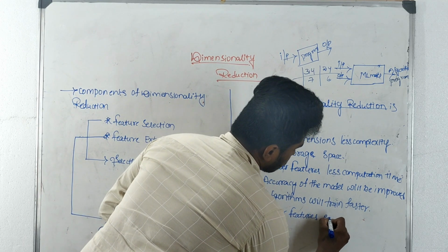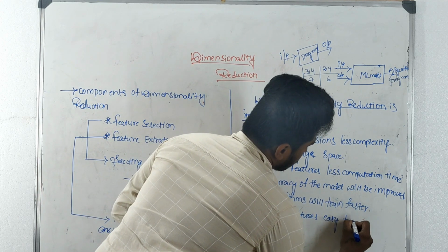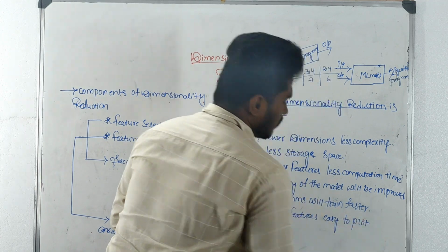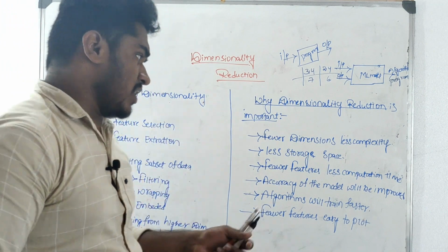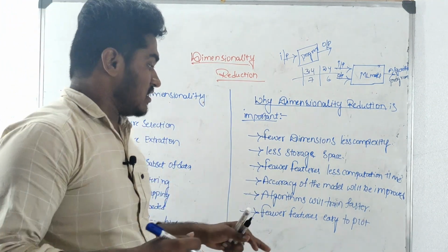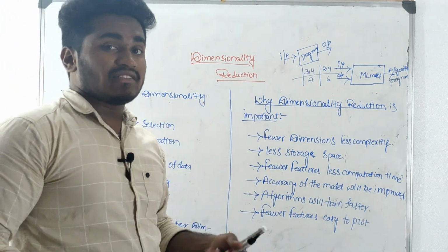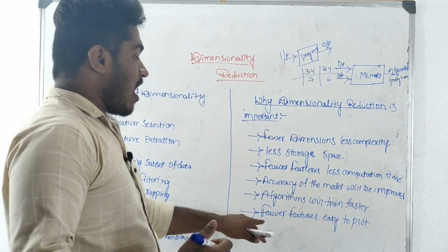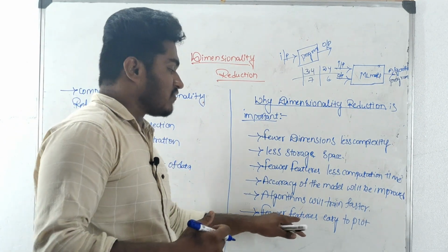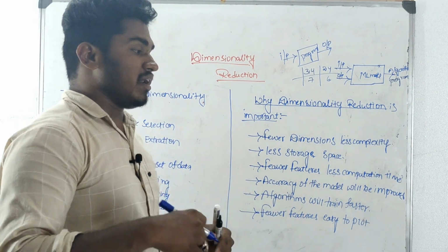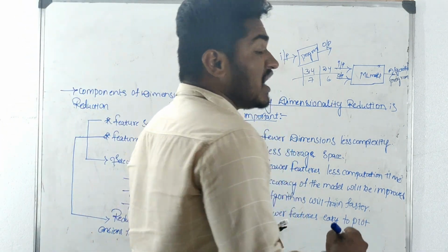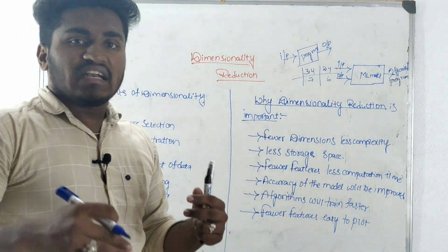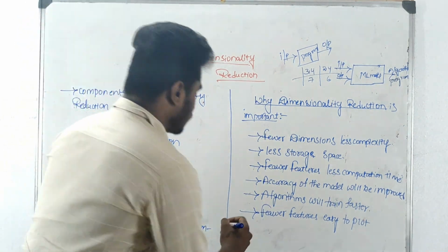As we know, in machine learning, almost in all cases we are going to use the plot, or we are going to visualize that particular data. Whenever we have fewer data or fewer features, it's very easy to visualize.